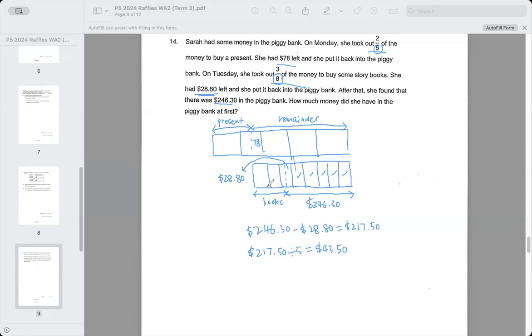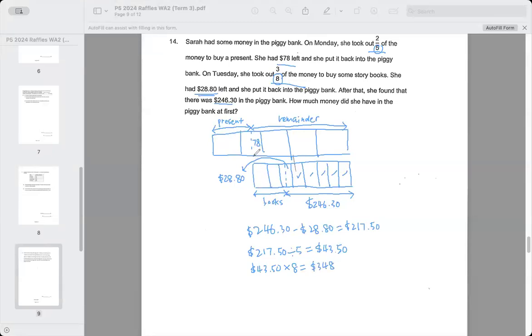In total, how many of these are there? There are 8 of them: 1, 2, 3, plus another 5 in total. So I take $43.50 times 8. We will get $348.